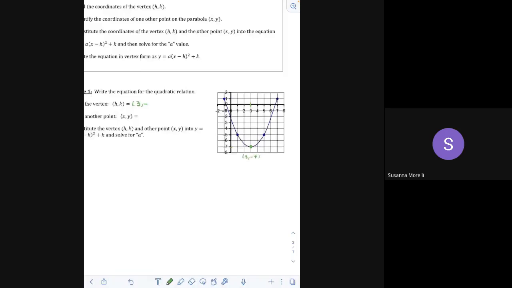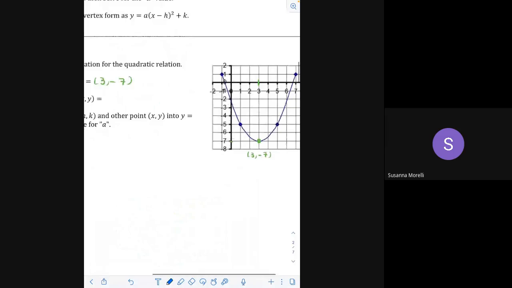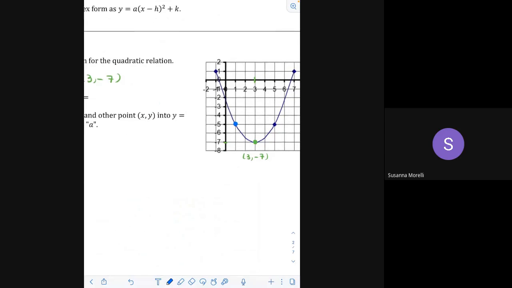And then we want another point on the parabola. This could be any point. I'm going to choose this dot here, but you could have chosen any of the other dots on the parabola, as long as the point is on the parabola. That dot there is 1, -5.